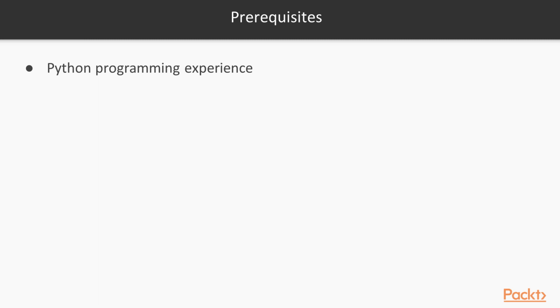So the only thing you need is some basic Python experience. Of course, if you have machine learning knowledge or experience, that's a big plus, but I don't assume that throughout this course, and I do my best to introduce everything from the ground up as much as I can in the time that we have in this course.